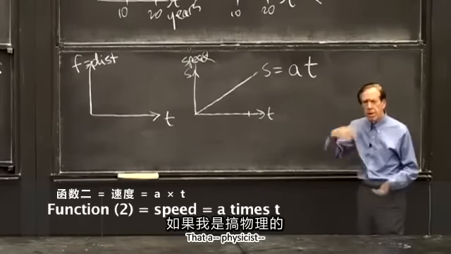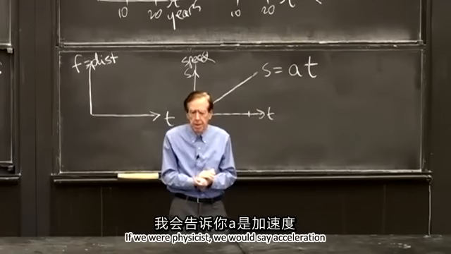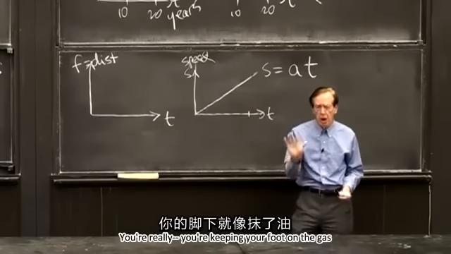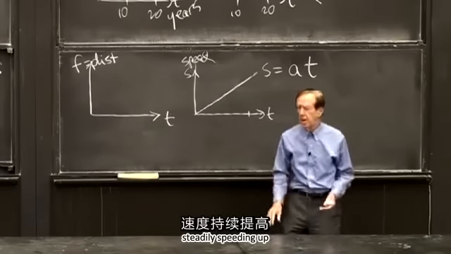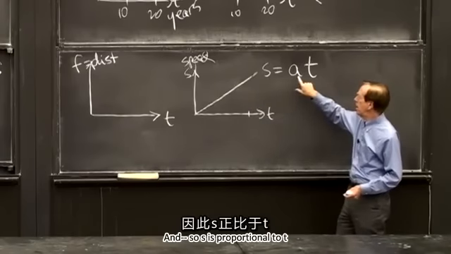That a, the physicist, if we were physicists, would say acceleration. You're accelerating. You're keeping your foot on the gas, steadily speeding up, and so then s is proportional to t.